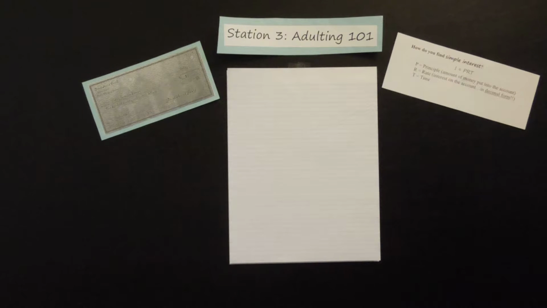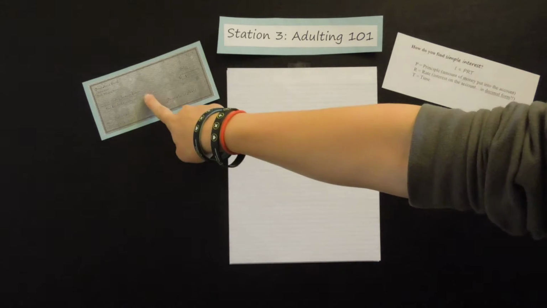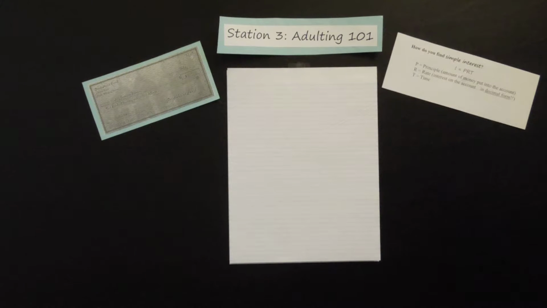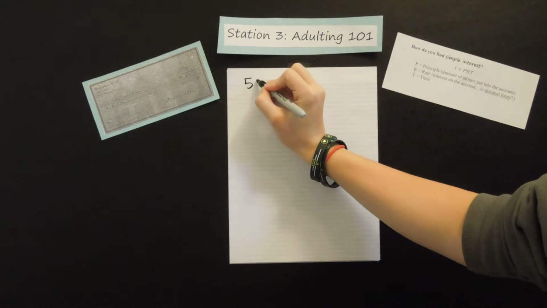So let's say you get a check of birthday money from a relative. In your example, it's from your great aunt Pearl, and it's for $120. I am going to get a birthday check from my grandma Frida. So this is going to be an example that's related to your example, but not exactly the same. So let's say I get a check of birthday money from my grandma Frida for $50.